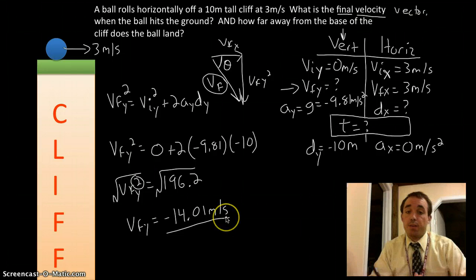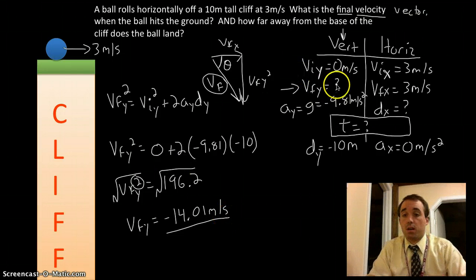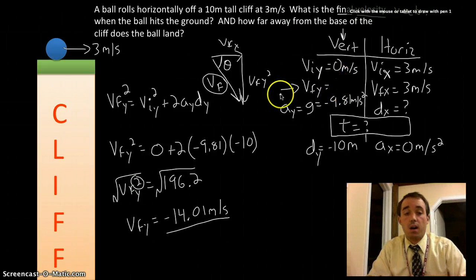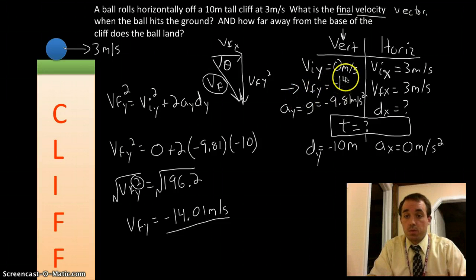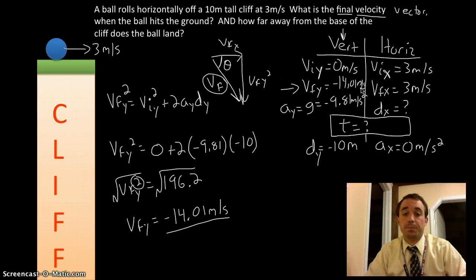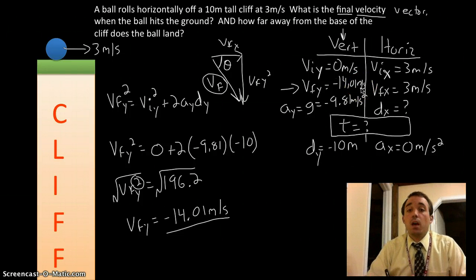So we can now fill this in to our VFY squared and get our final answer for our VFY of negative 14.01 meters per second. Okay.